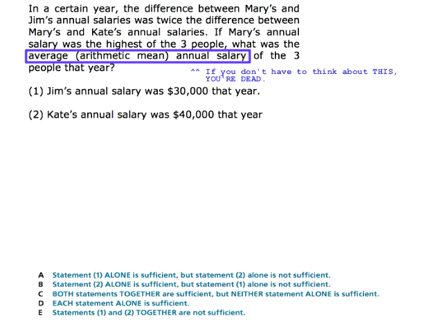If you write that first thing as an equation, the difference between Mary and Jim, so Mary is the highest, is M minus J, and that's 2 times Mary minus K. If you pick C, then you can just plug in J is 30, and K is 40, and then you get M, and you have all 3 numbers.